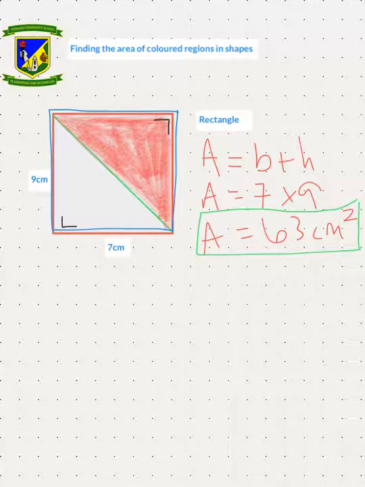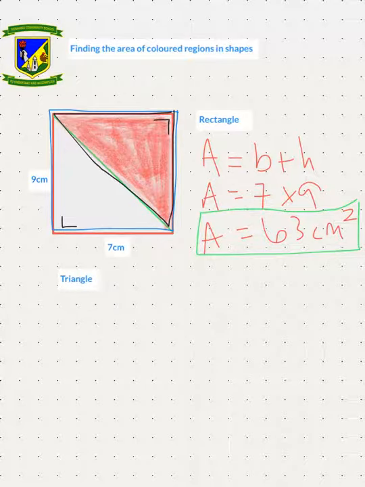And I'll move on to look at the part of the figure that I'm most interested in, which is the red triangle. So I'll highlight it in black. Now I'm going to look at the area of my red triangle, and only the red triangle.